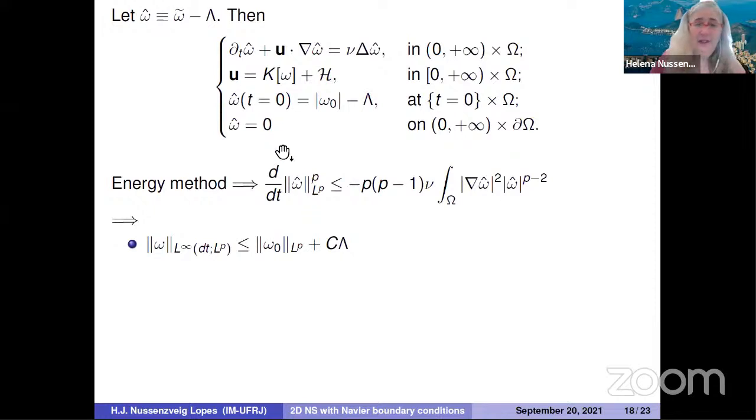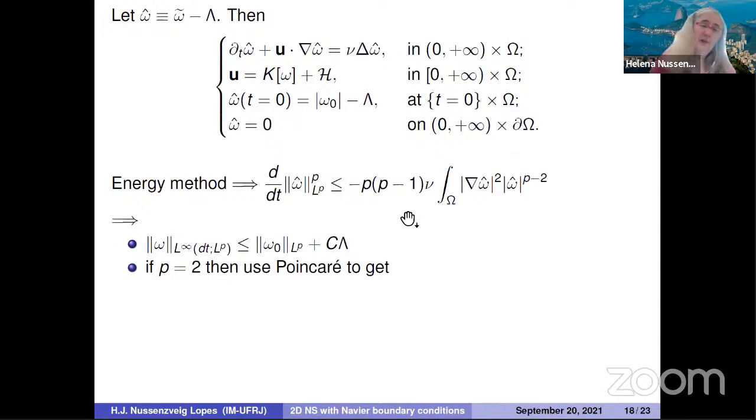Okay, and the initial omega hat is bounded by the LP norm of omega naught plus lambda. And since omega hat is omega tilde minus lambda, and omega tilde is greater or equal to the absolute value of omega, you finally end up with the L infinity in time norm of omega into LP is bounded by the initial LP norm of omega naught plus a constant times lambda.